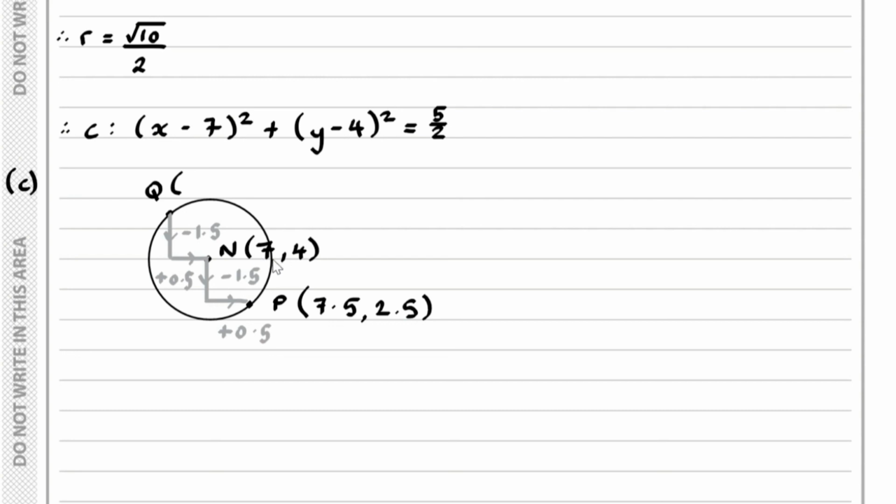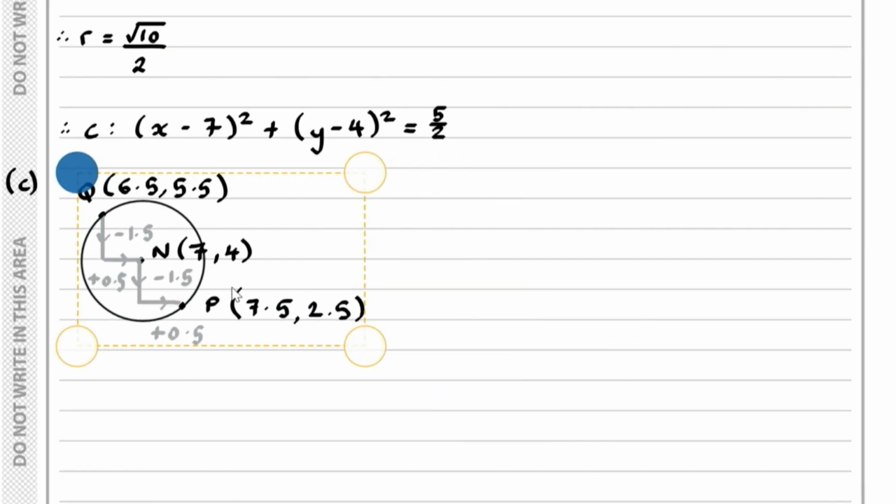So if we work backwards, we take away 0.5 from 7. So here we get 6.5. And then we add on 1.5 to 4 to get 5.5. So we've used vectors to essentially work backwards. So let's just move this over here.